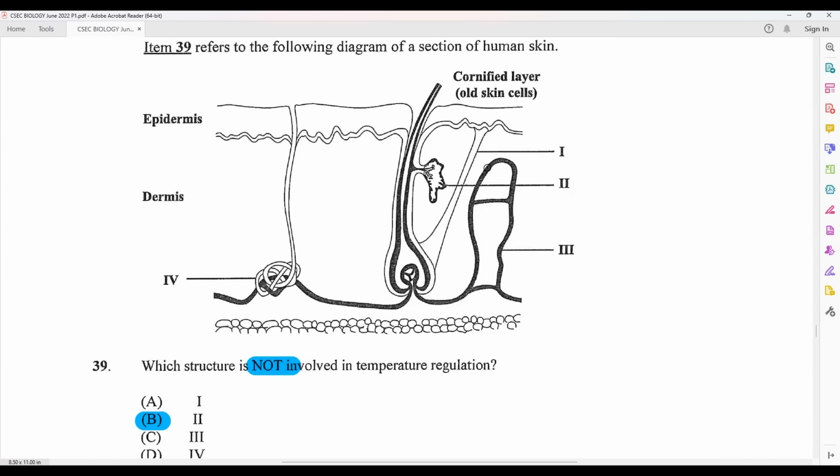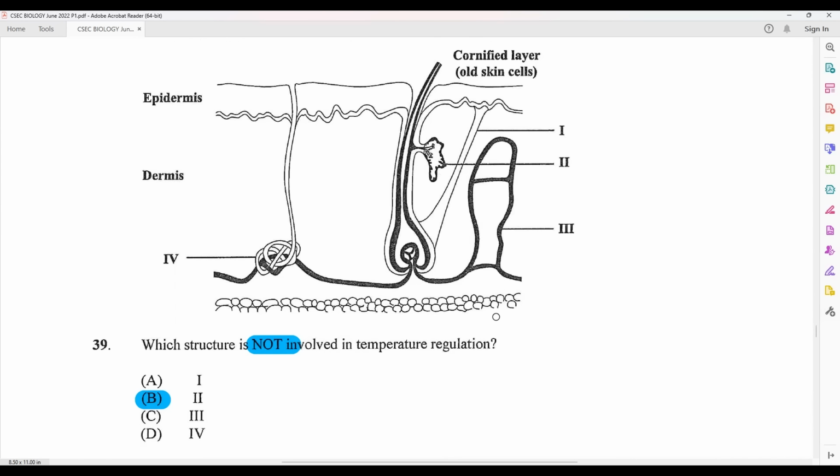These blood vessels come closer to the skin. You know, vasodilation and vasoconstriction. That is temperature regulation. This erector muscle here pulls the skin and causes this hair and hair follicle to become erect. That's where your hairs stand up. That's part of temperature regulation as well. So the only one that has nothing to do with it is 2.